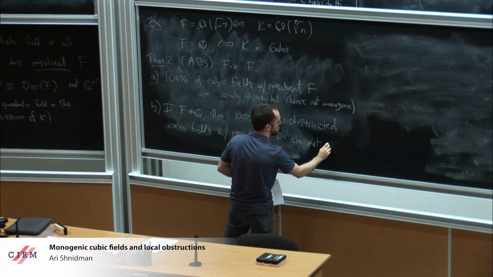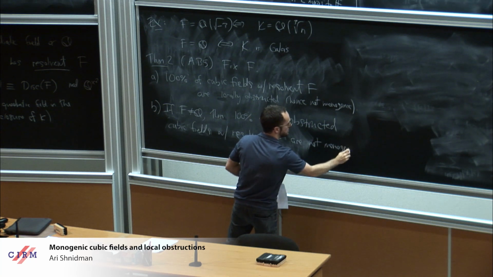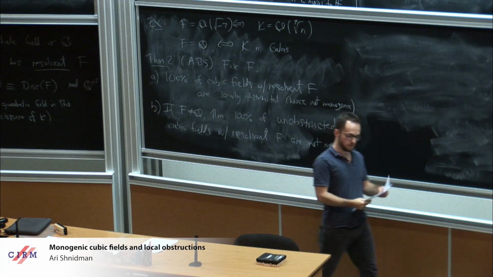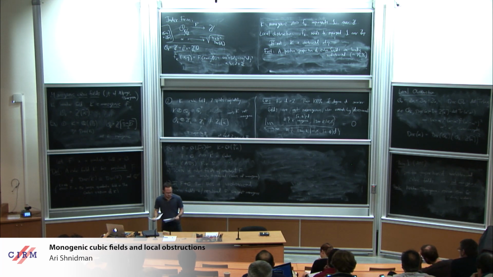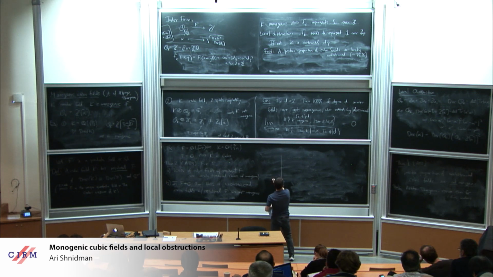So even within this thin set of cubic fields, which are locally unobstructed, 100% are not monogenic.